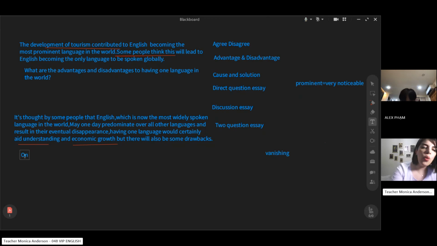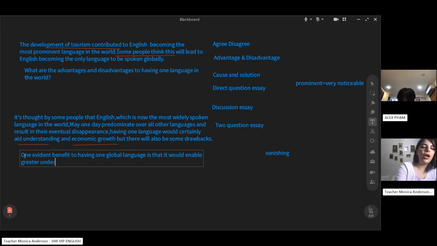So I can say one evident advantage to having one global language is that it would enable greater understanding between countries.